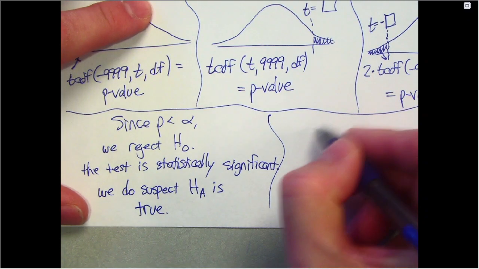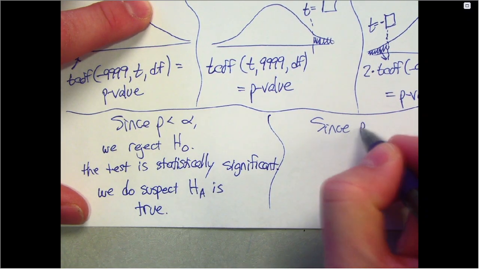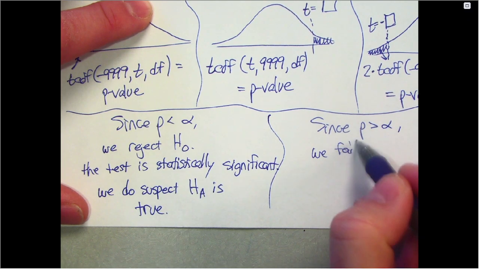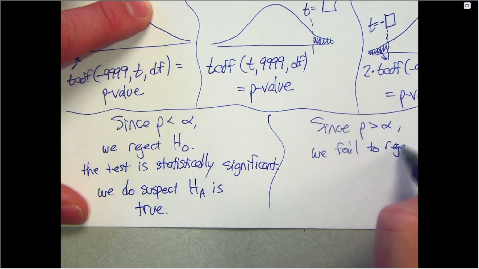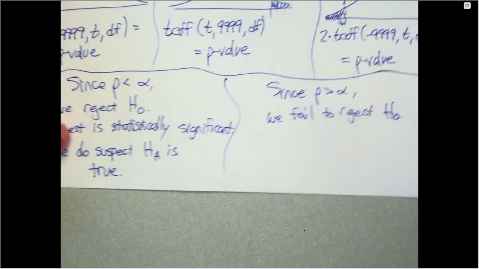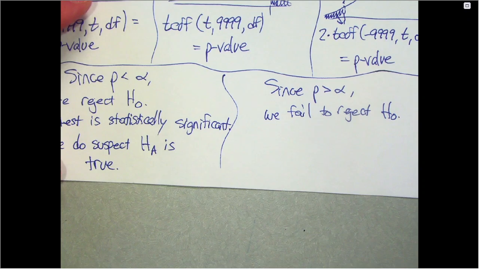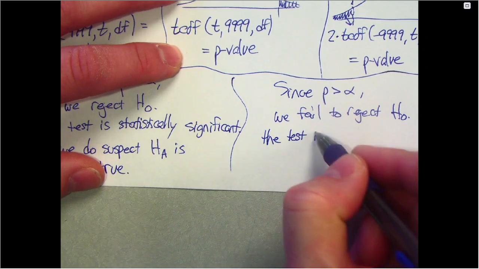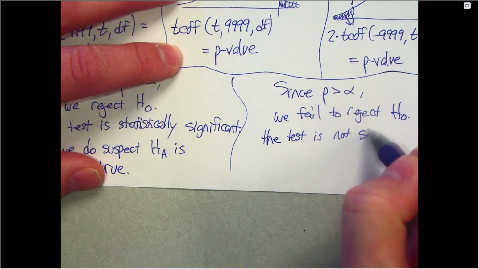So your alternative would be since P is greater than alpha, that would be we failed to reject H0. I wanted to call you a liar, but sadly, was not able to. Test is not statistically significant.